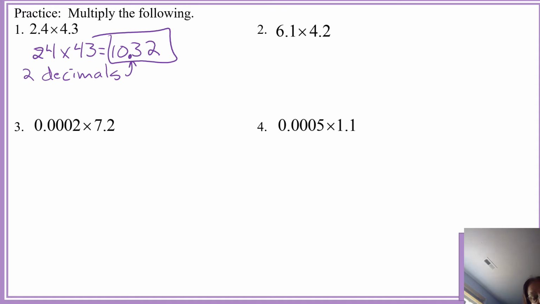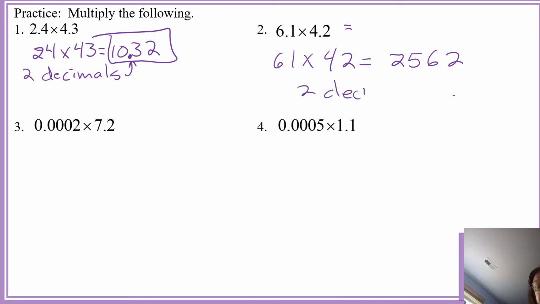Okay, so here I have 61 times 42. 61 times 42 gives me 2562, 2 decimal places. So my answer is going to be 25.62.